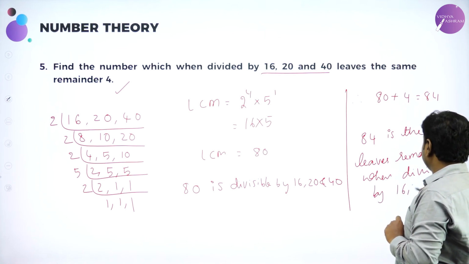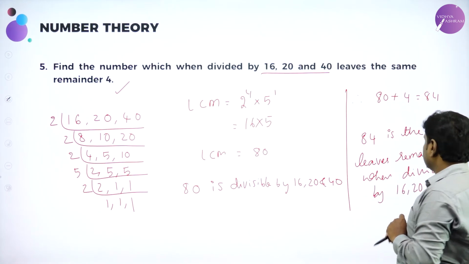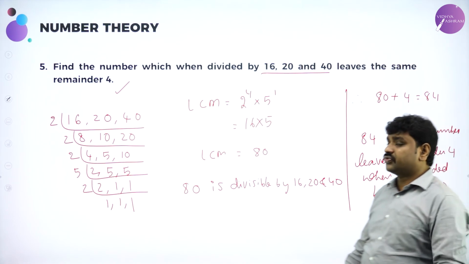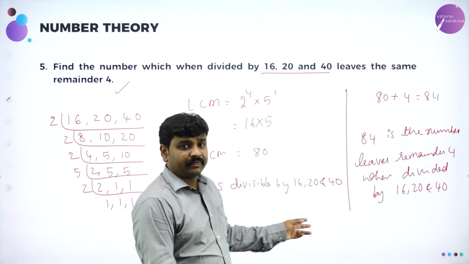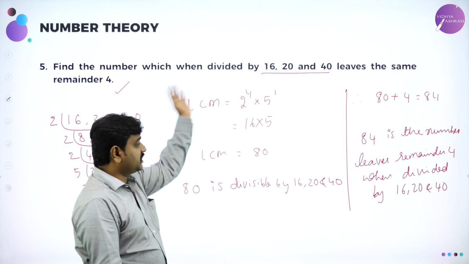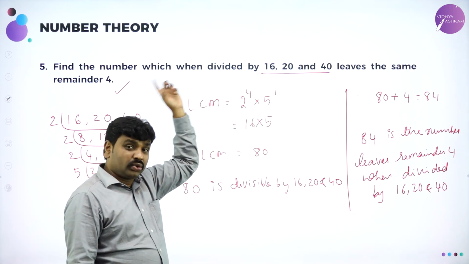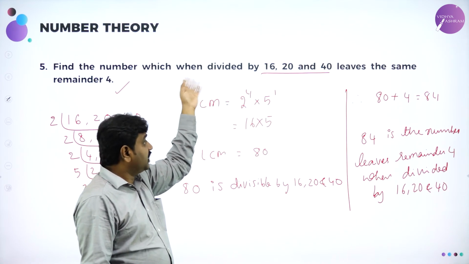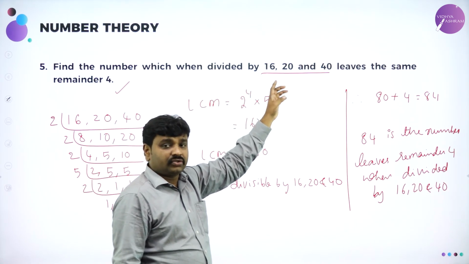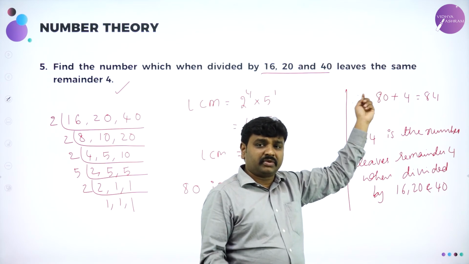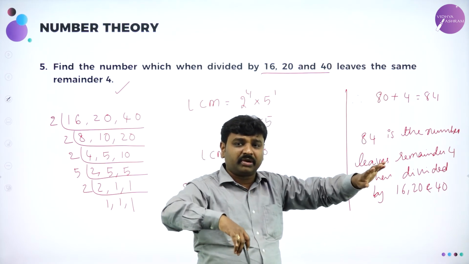What is the logic? First find the LCM. The LCM is divisible by all 3 numbers, but they want you to find a number which leaves a remainder when you divide with these. So 80 is divisible by all 3, but if you add the remainder 4 to 80, it becomes 84.